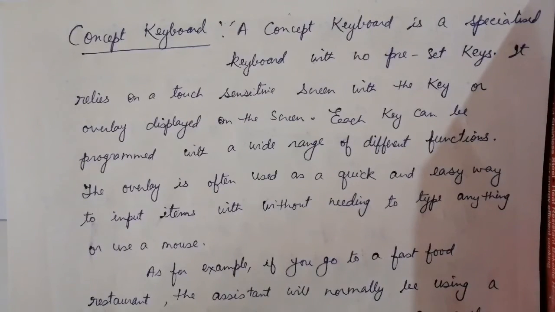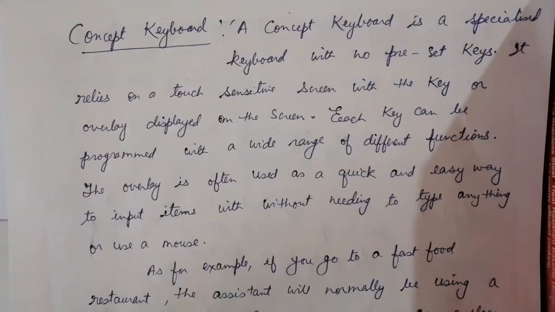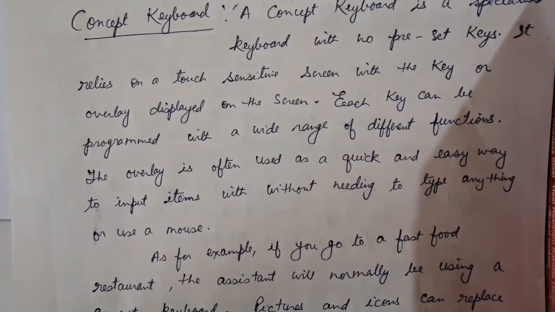There will be an ice cream image, and when you order ice cream, they click on that image and the order is taken. So that is a concept keyboard. It is used in many places.